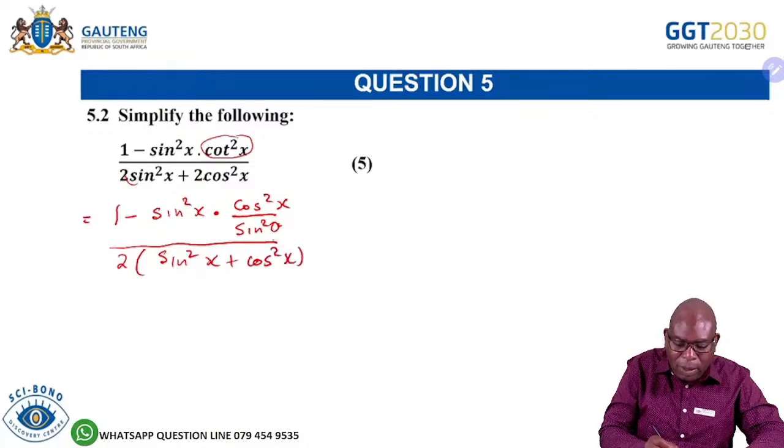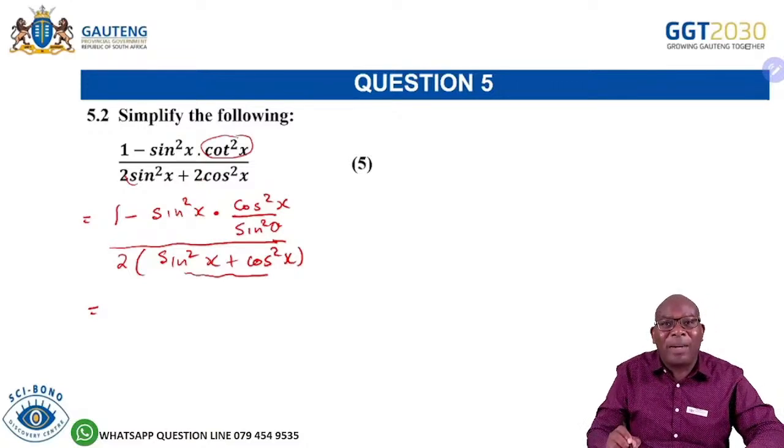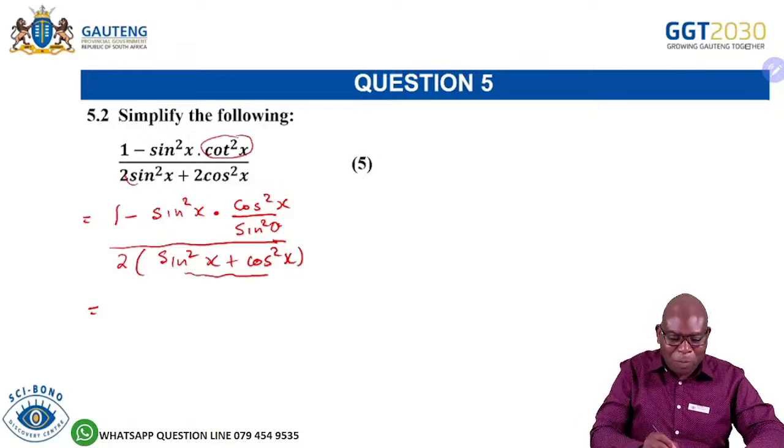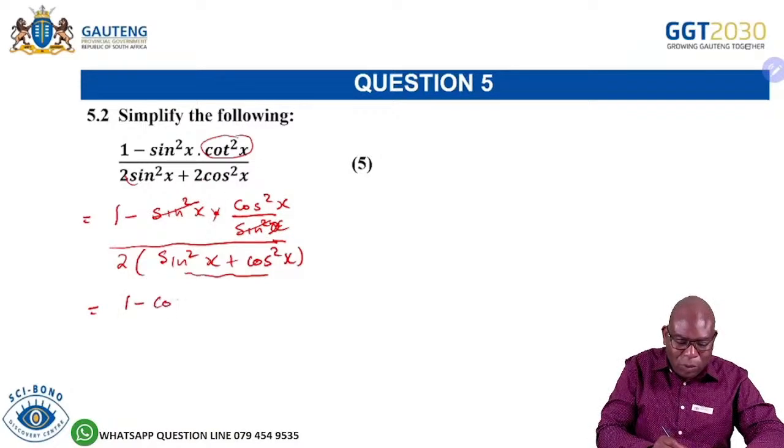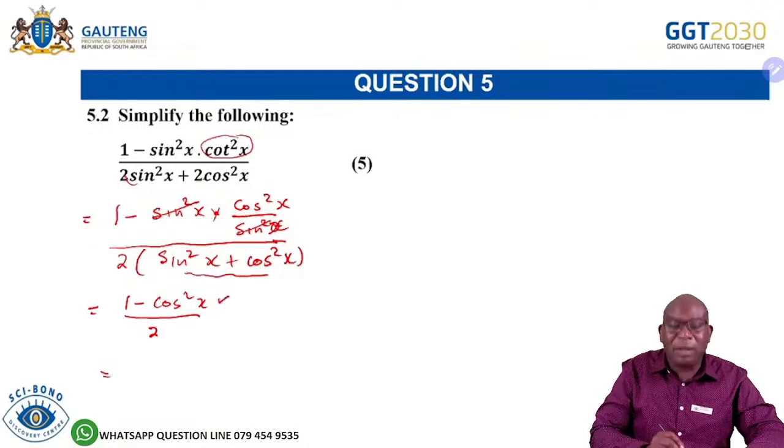Oh, I remember our teacher told us this will always be equal to 1. It's a famous one. That's the only famous one in technical mathematics. Then sine squared x cancels sine squared x because they're multiplying here. Then I'm left with 1 minus cos squared x all over 2, of which what do I know about this one? It will be the sine squared of x.